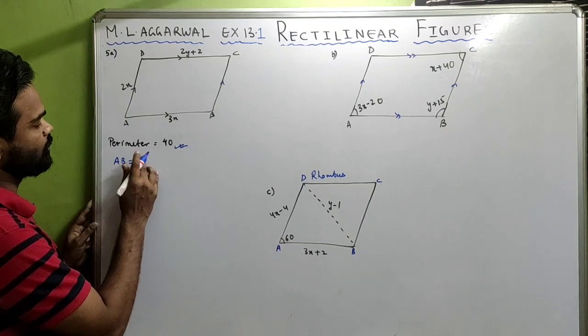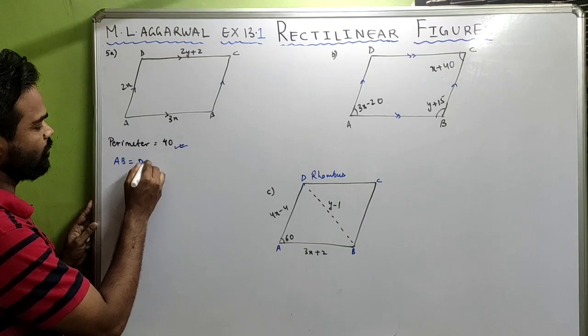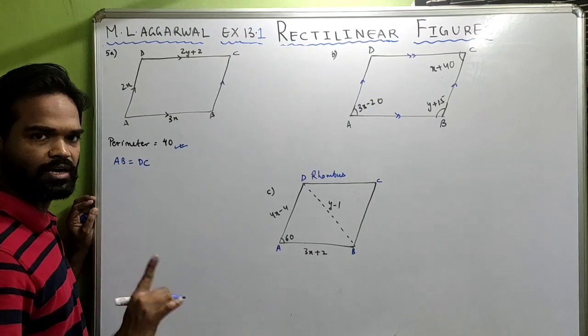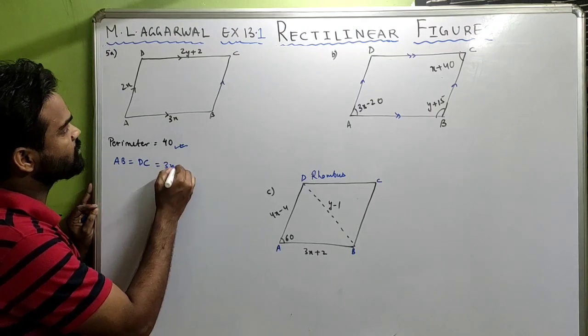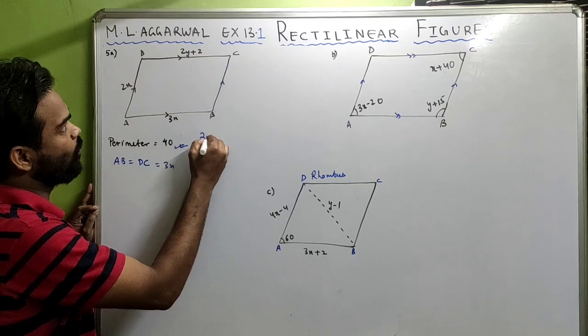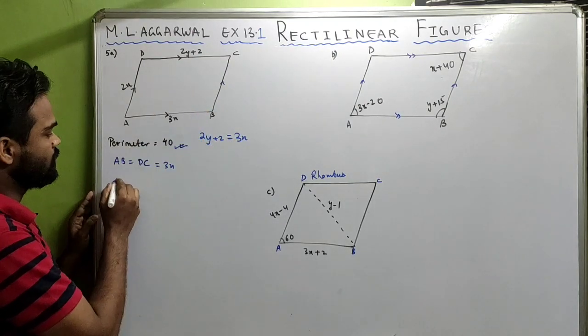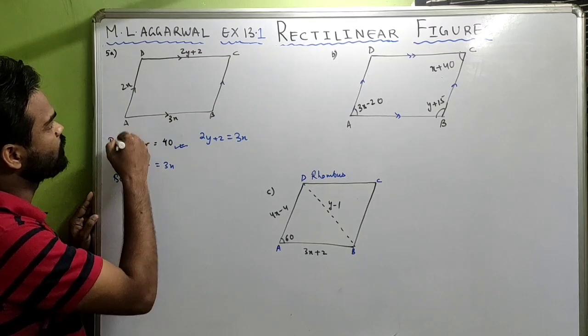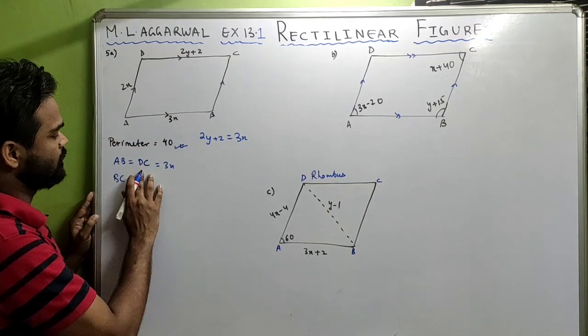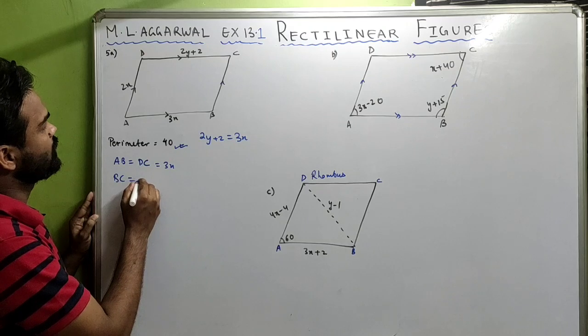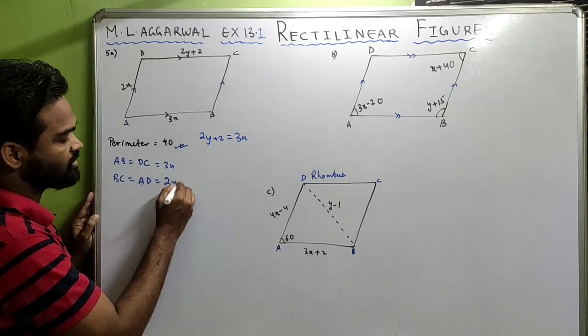AB is equal to DC, we can say. Opposite sides are equal, which means this is 3x. So this 2y plus 2 is equal to 3x. BC is equal to AD is equal to 2x.